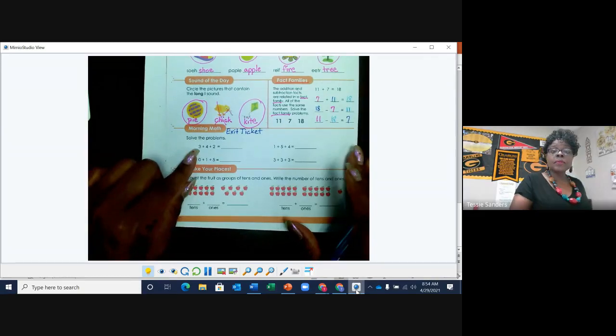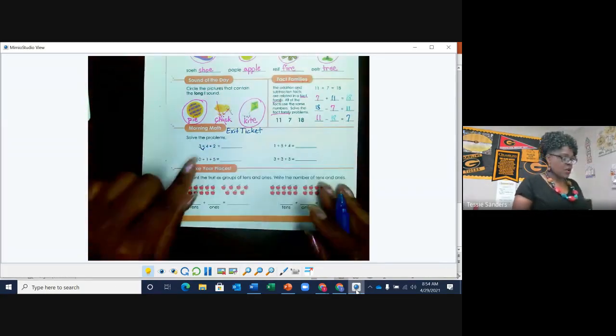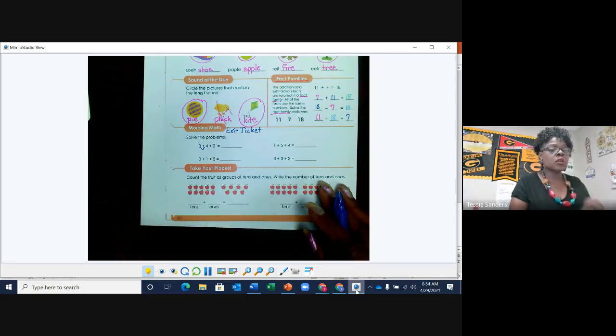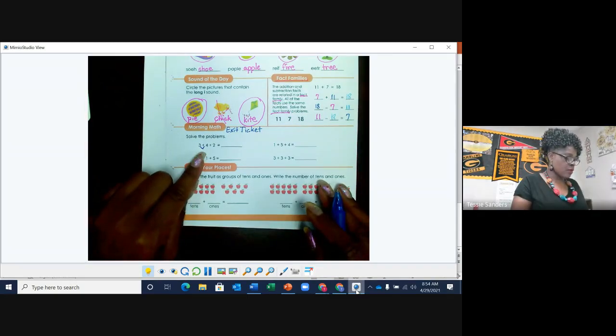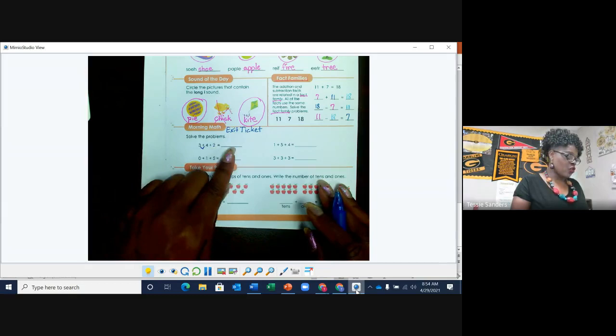Right now, please add 3 plus 4. Write the number here. What is 3 plus 4? Shh. Write the number here. Add 2 onto the number. Write your sum on the line.